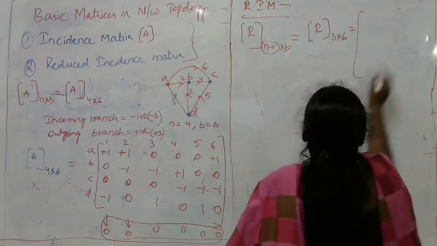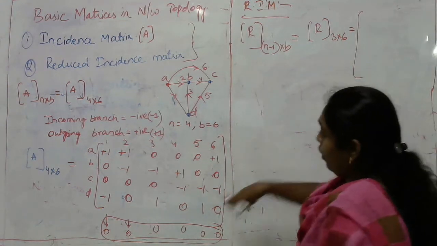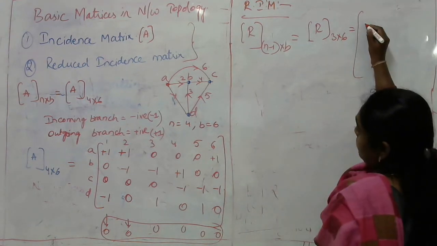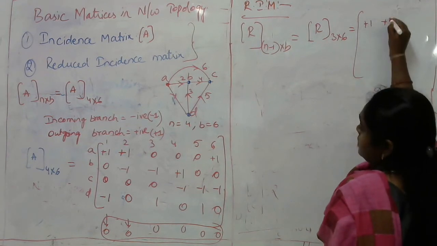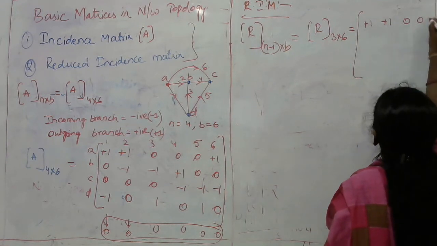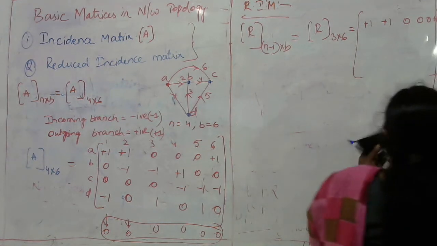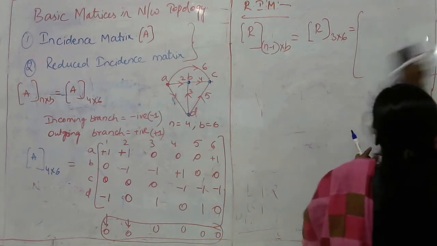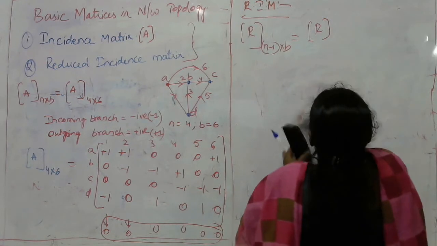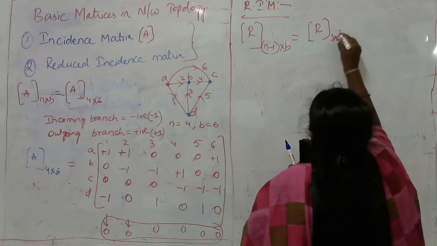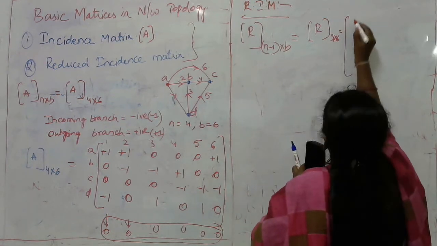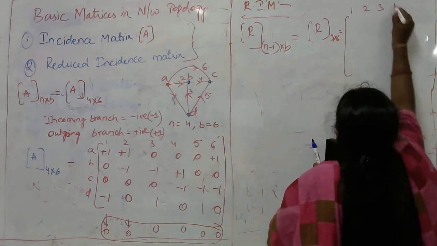So here I am eliminating the last row. Plus 1, plus 1, 0, 0, 0, and this is plus 1. This is 3 by 6, with 6 branches.